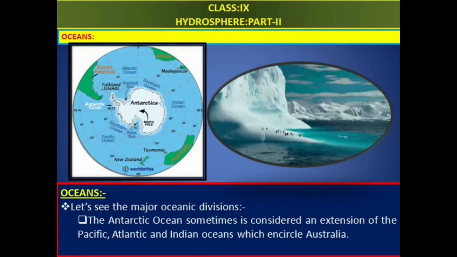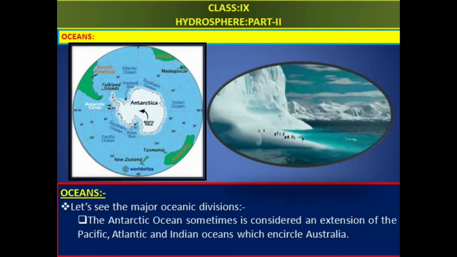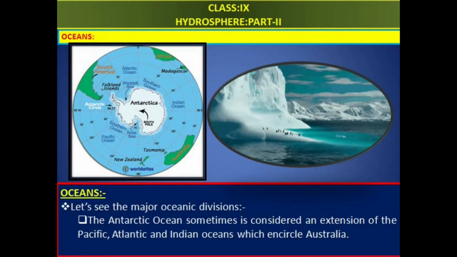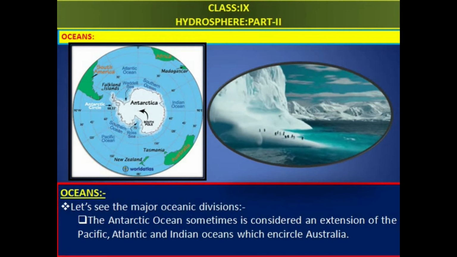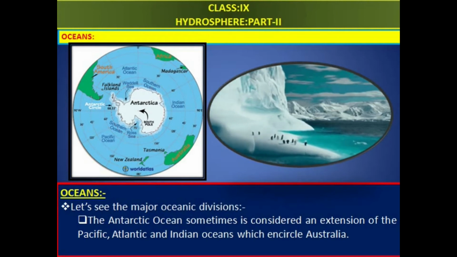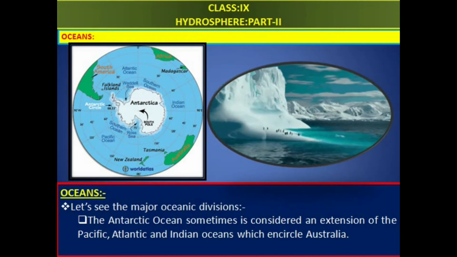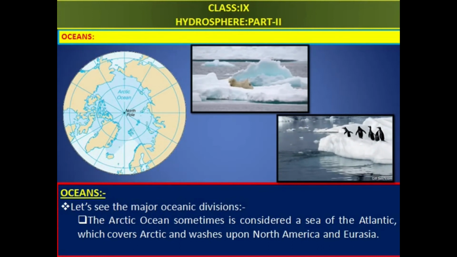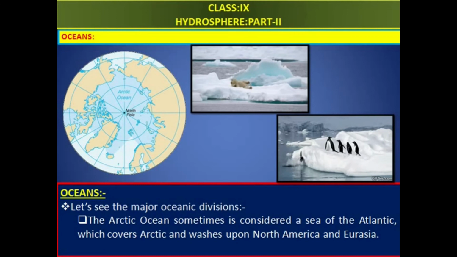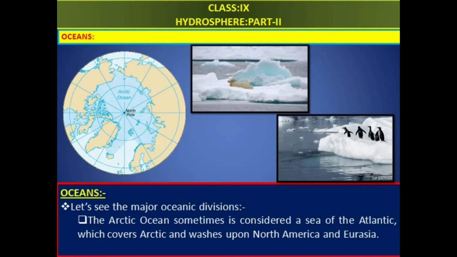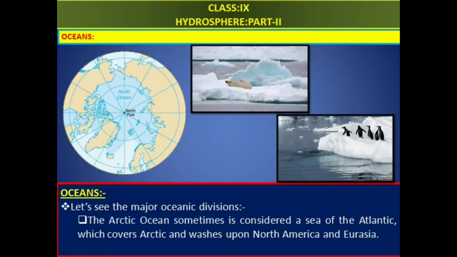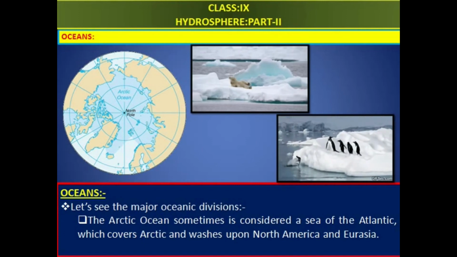The Antarctic Ocean sometimes is considered an extension of the Pacific, Atlantic and Indian Oceans which encircle Antarctica. The Arctic Ocean sometimes is considered a sea of the Atlantic which covers the Arctic and washes upon North America and Eurasia.